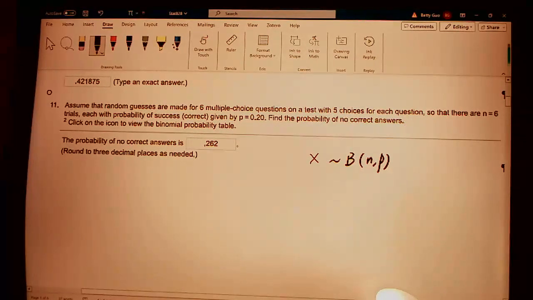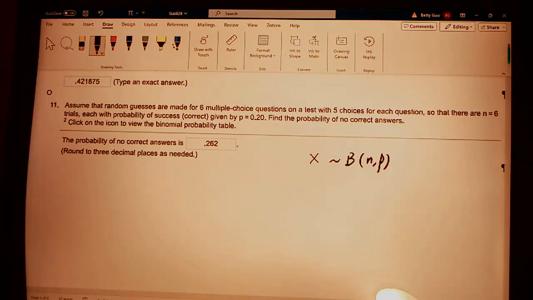Assume that random guesses are made for 6 multiple choice questions on a test with 5 choices for each question, so that there are n equals 6 trials, each with a probability of success given by p equals 0.2. The reason the probability of guessing correctly is 0.2 is because you have 5 choices.